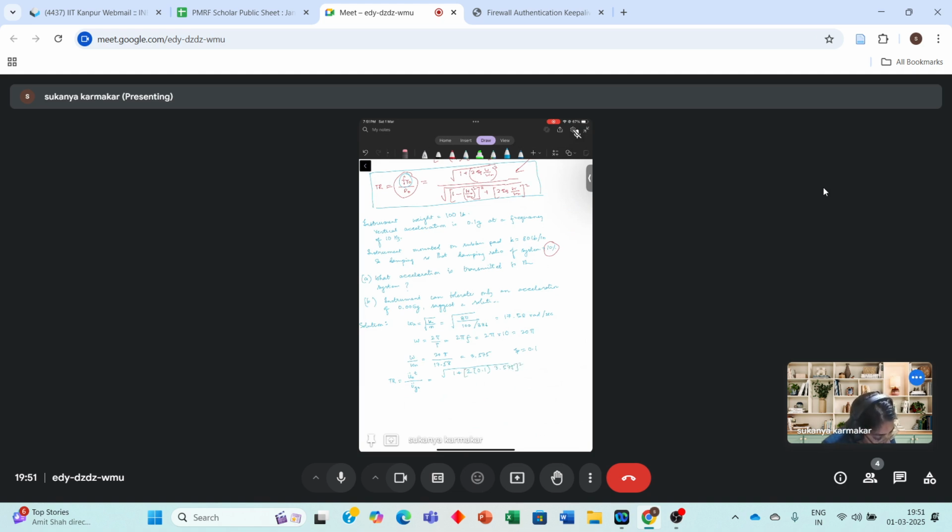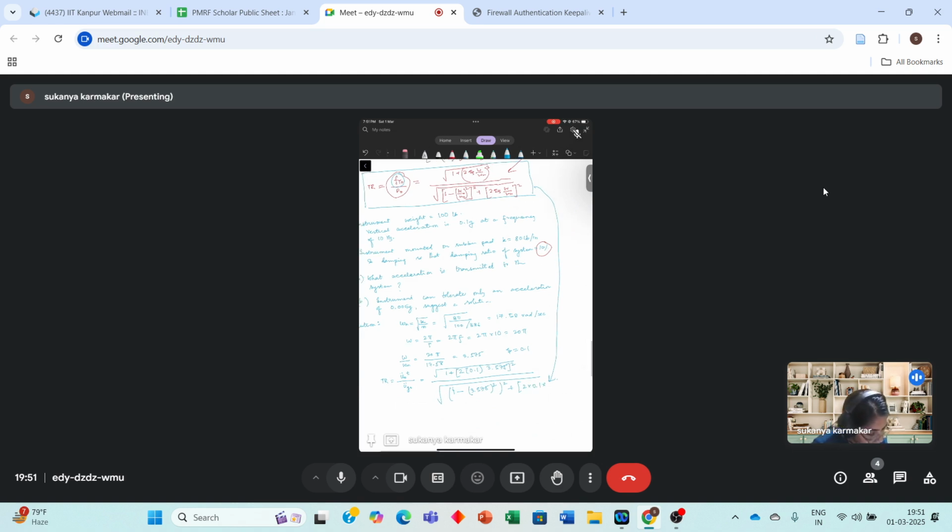Square of this expression, divided by, to be just clear, I'm using this expression: 1 minus omega by omega n, 3.575, square of that, again whole square of that, plus 2 zeta is 0.1, omega by omega n is 3.575, square of that. So your transmissibility comes out to be 1 point this much.